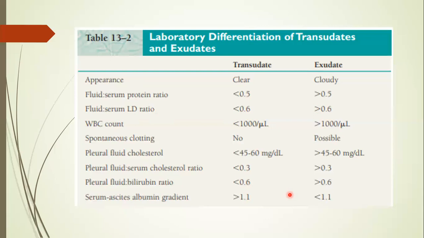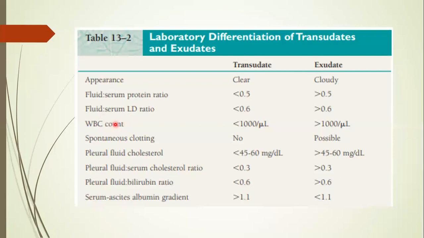So more than 2/3 LDH level in the serous fluid, compared with the blood LDH. So any of those criteria, even just one, you could say that the fluid is an exudate. Again, what do we call that criteria? Light's criteria.